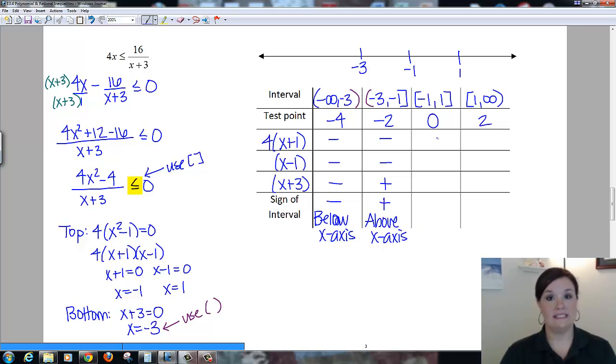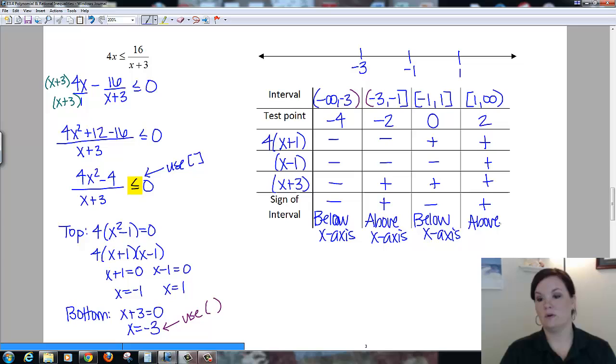When I plug 0 in, 0 plus 1 is 1, times 4 is 4, so that's positive. 0 minus 1 is negative. 0 plus 3 is positive. So this is going to be a negative interval, which means my y values are going to be below the x-axis. When I plug in 2, I'm going to get a positive and a positive, which makes this a positive interval, which means that they are going to be above the x-axis.